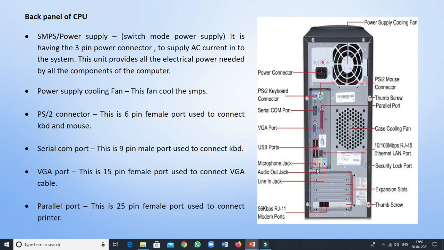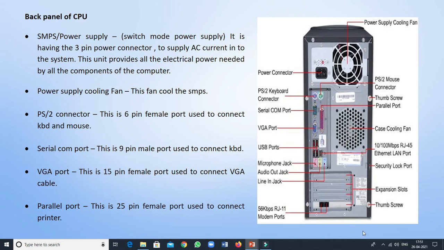Audio in and out jacks are available. Then the Ethernet LAN port is there. This one is the Ethernet LAN port, which can be pronounced as RJ45 connector port, where the Ethernet or LAN connection can be made.